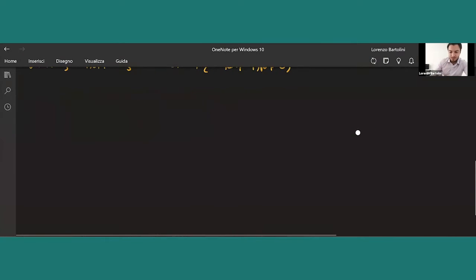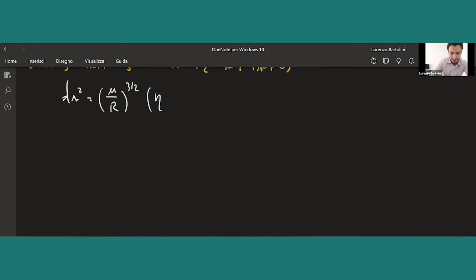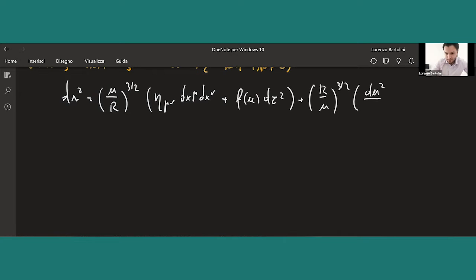And the corresponding solution, now I will not recall the general formula, but you can verify, is this, plus some function, plus another factor which is the inverse of the one before, and u squared over f of u, plus u squared times a factor that is a four-sphere.